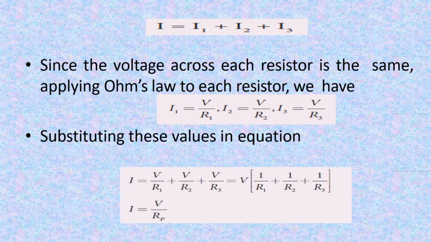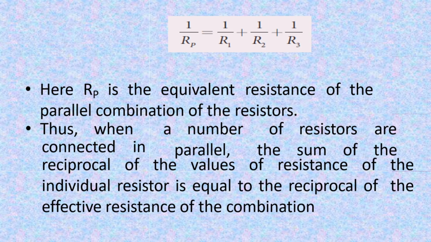Now substituting these values in the equation I is equal to I1 plus I2 plus I3, we get I is equal to V over Rp, that is the resistance of the resistors connected in parallel. So here Rp is the equivalent resistance of the parallel combination of three resistors.